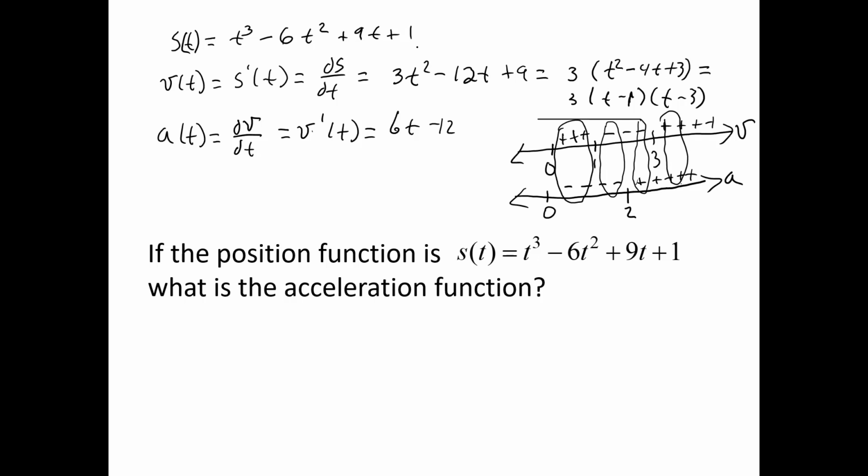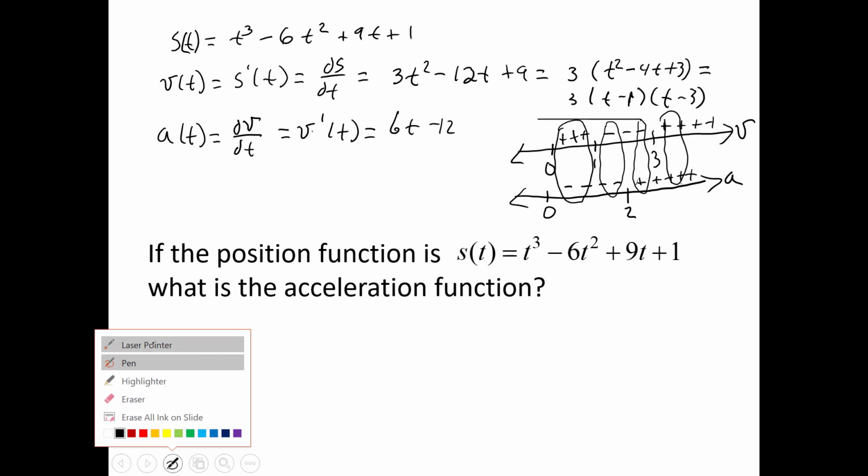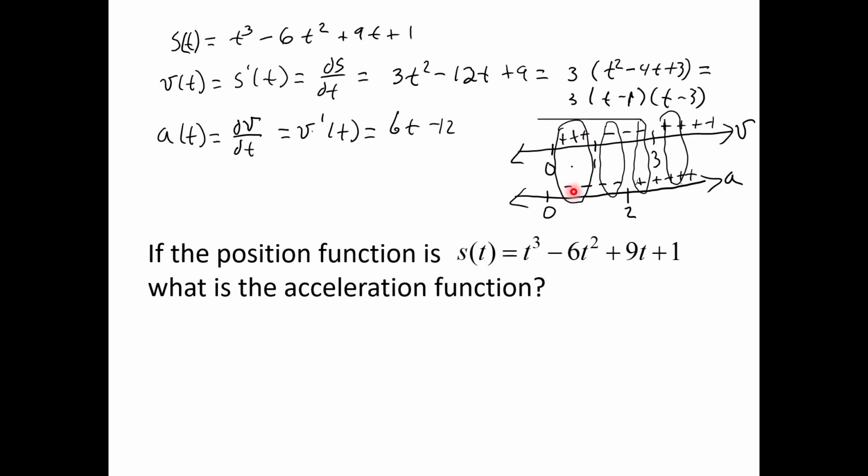From 1 to 2, they're both negative, and so then they're speeding up.